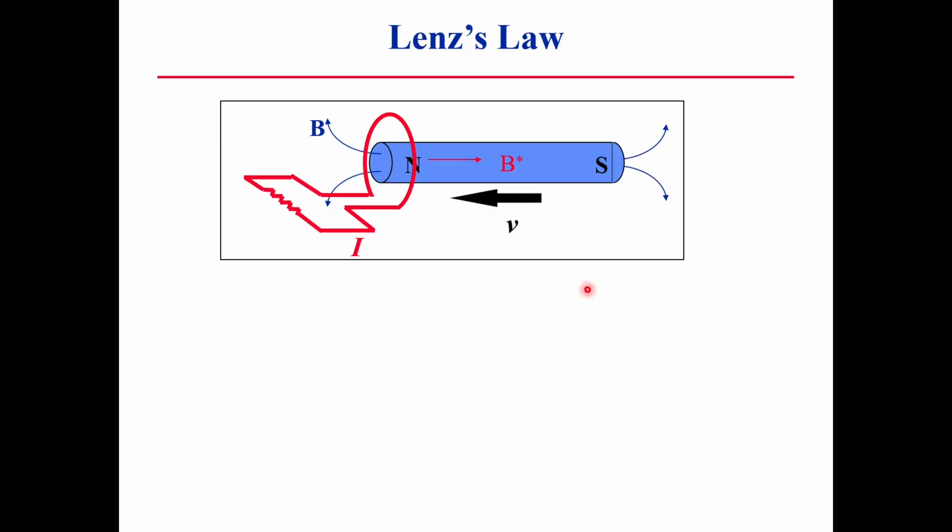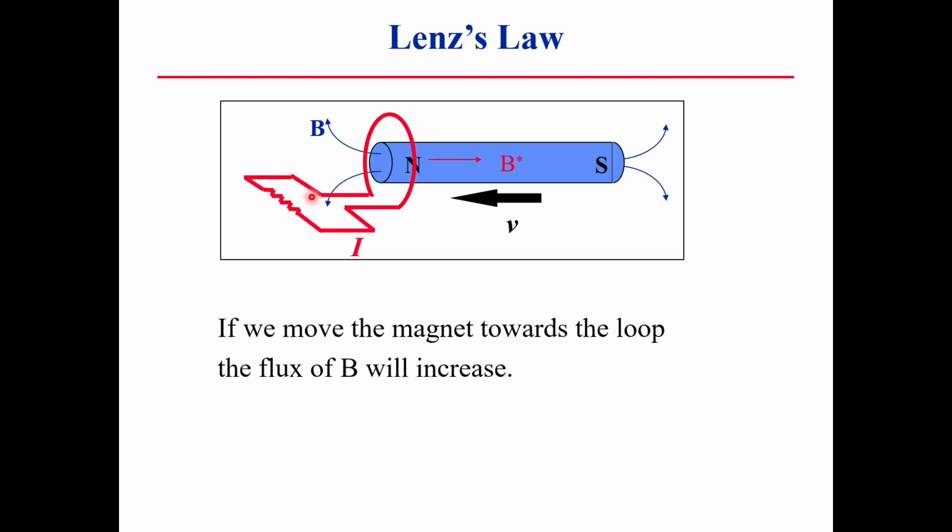Take a look at this B. Because of the motion of this V in this direction, Lenz's law is trying to oppose the reason why the current is being induced in this specific coil. If we move the magnet towards the loop, the flux B will increase.